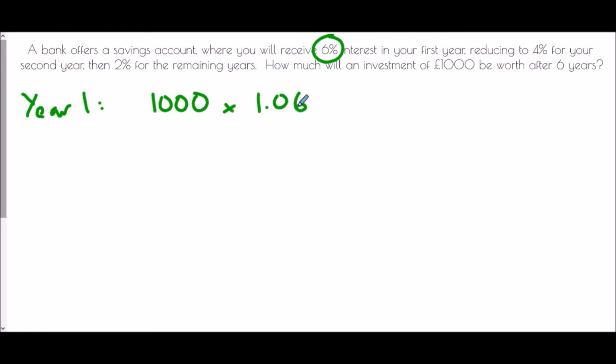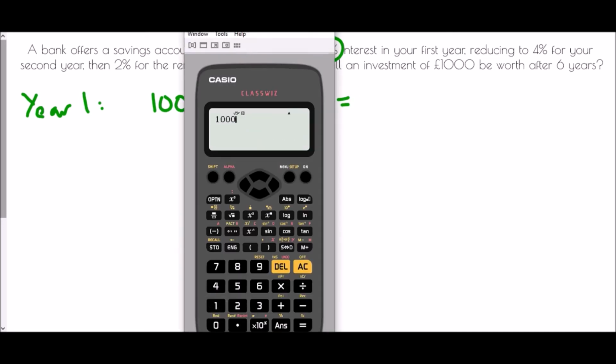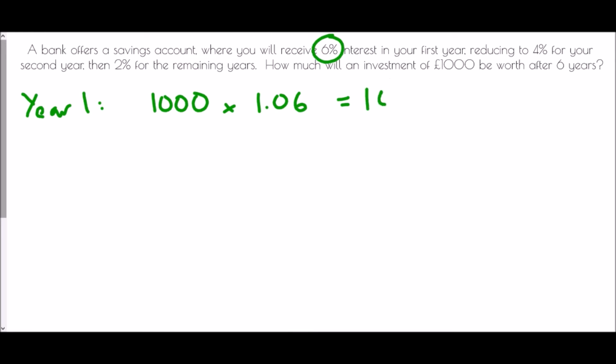And therefore I'm going to multiply by 1.06. That is a 6% increase. And so if I do that, I have 1,000 times 1.06, and I get 1,060. And so at the end of year 1, I have £1,060.